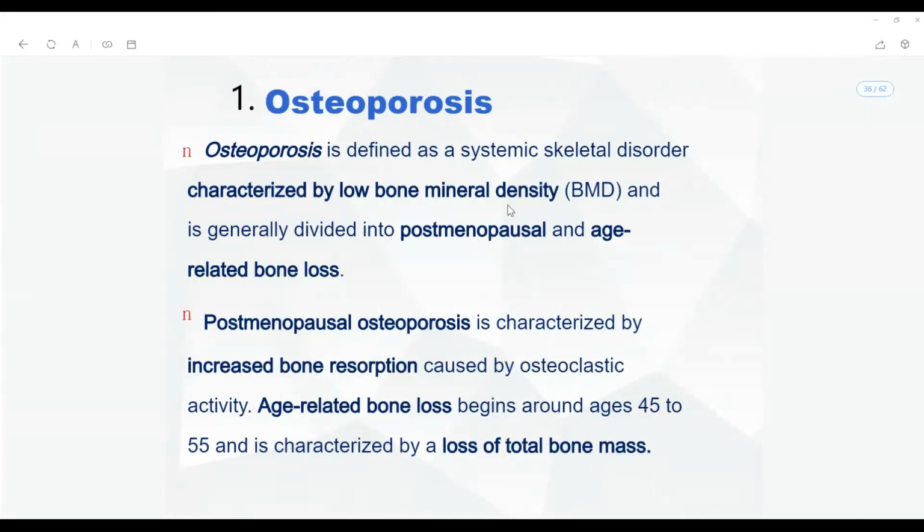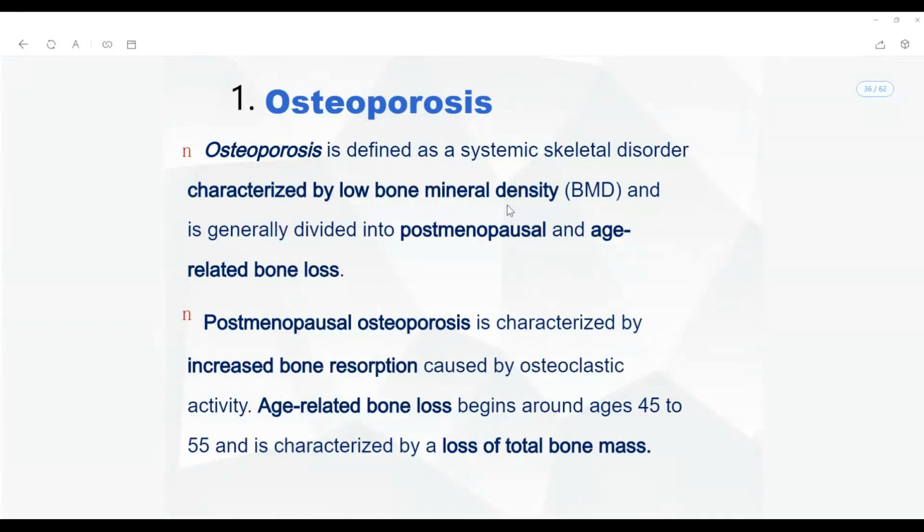Estrogen is one of the hormones that controls calcium metabolism and deposition. The decreased activity of estrogen after menopause is what causes the low bone mineral density. So it is most commonly seen in postmenopausal women and also in age-related bone loss, right?